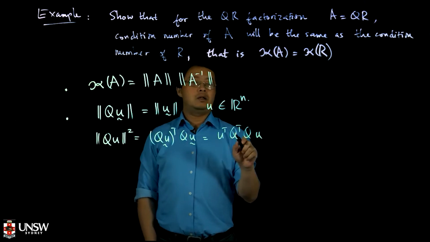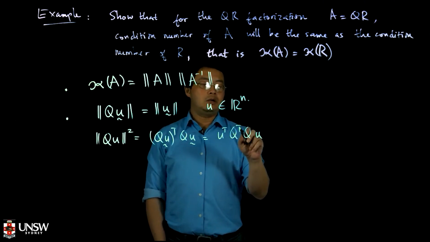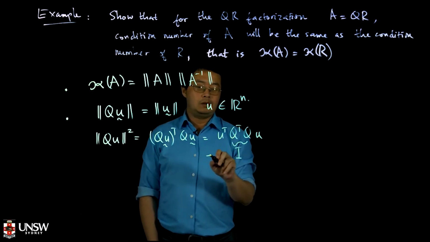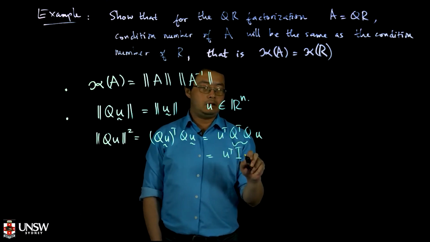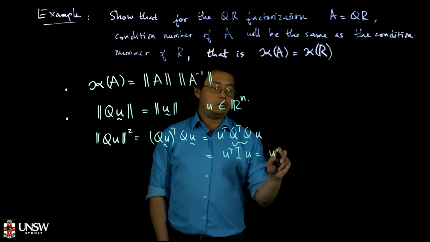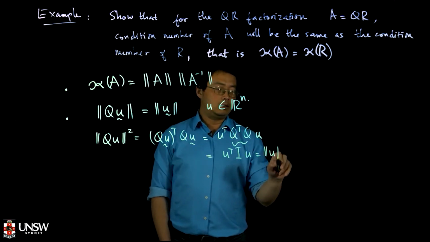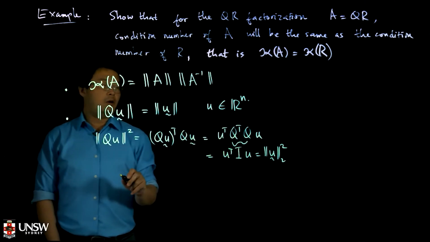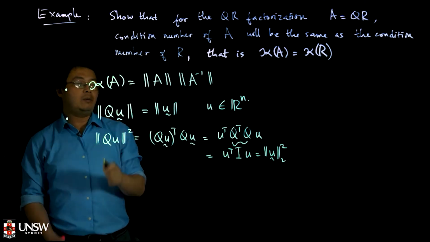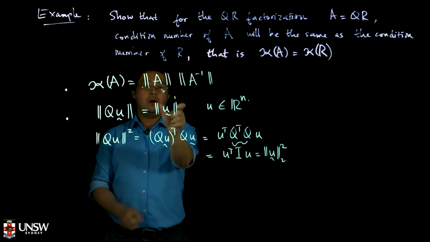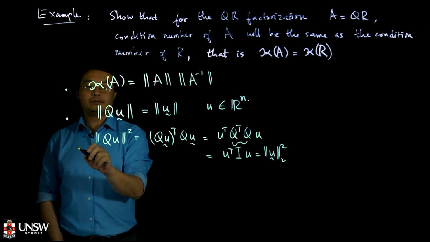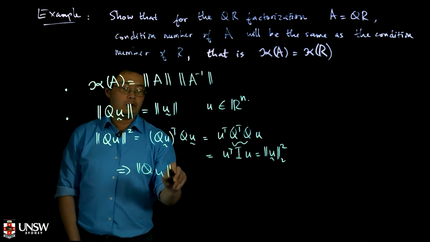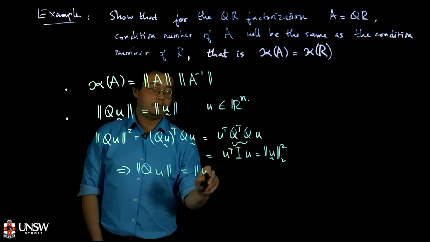And because in the QR factorization Q is an orthogonal matrix, Q transpose Q is the identity. So then you have U transpose identity times U, which is just U transpose U, which is just the two norm of U squared. Okay. So therefore, you have the norm of QU equal to the norm of U.